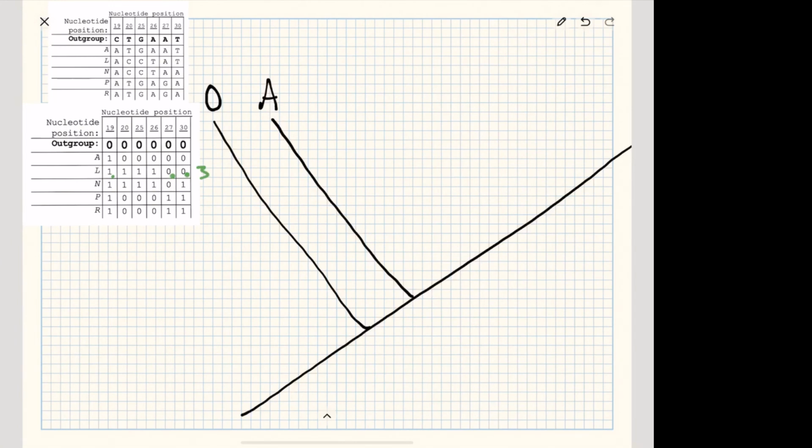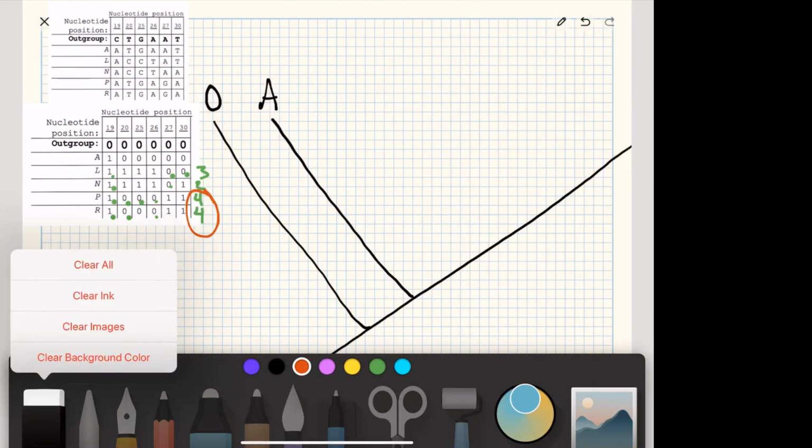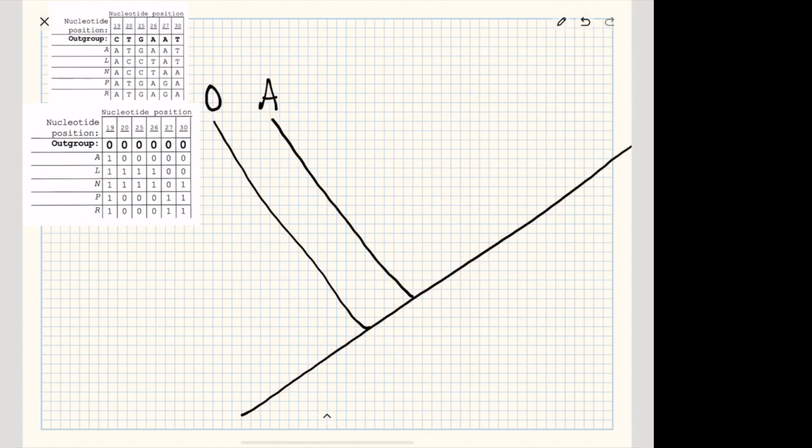It looks like L has 3 features in common with A. N has 2 features in common with A. But P and R both have 4 features in common with A. Since they're sort of tied, maybe there's something to this. Maybe they are closely related to each other. Notice that those features they have are very, very similar to one another. In fact, they don't have any differences.